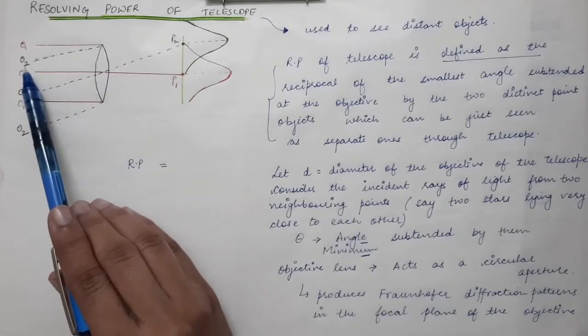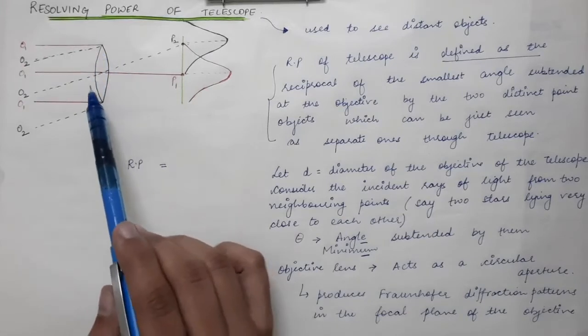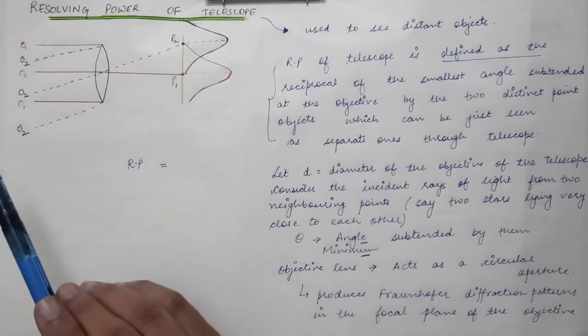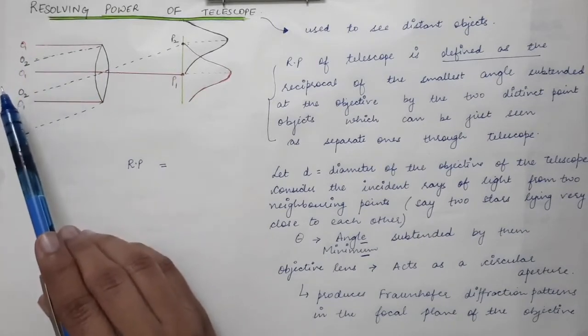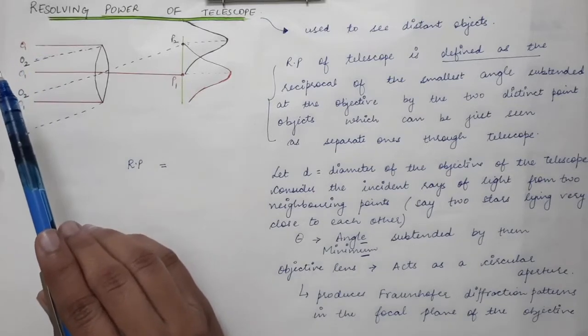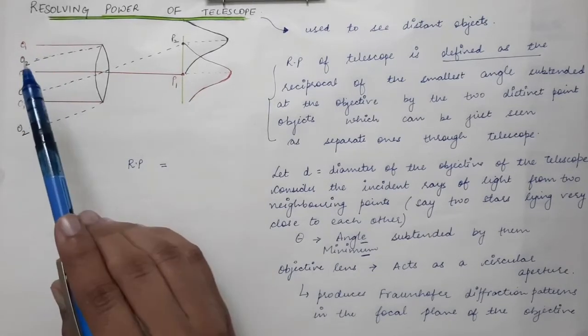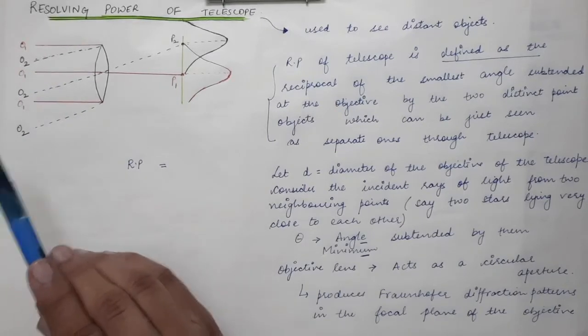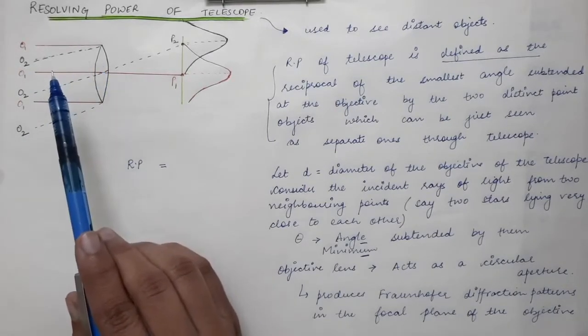And similar is the case for the light rays reaching the objective lens from the object O2. Now O1 and O2 are at a certain distance from each other. They have a certain separation between each other, and the O2 object is also placed far away from this objective lens of the telescope.